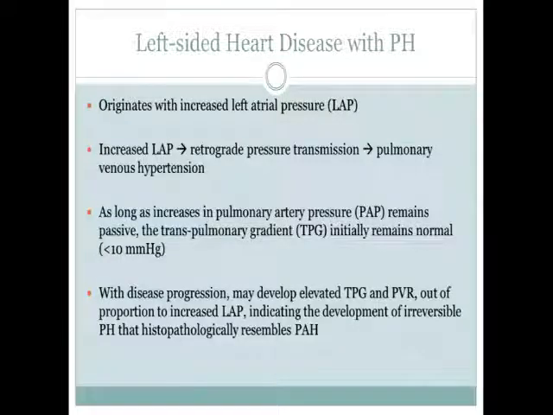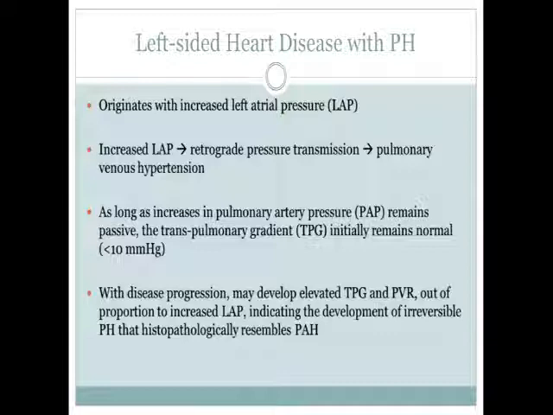So your transpulmonary gradient rises and your pulmonary vascular resistance rises as well. And when they look at these patients histologically, the patients with group 2 PH that have developed irreversibility histopathologically resemble pulmonary arterial hypertension.